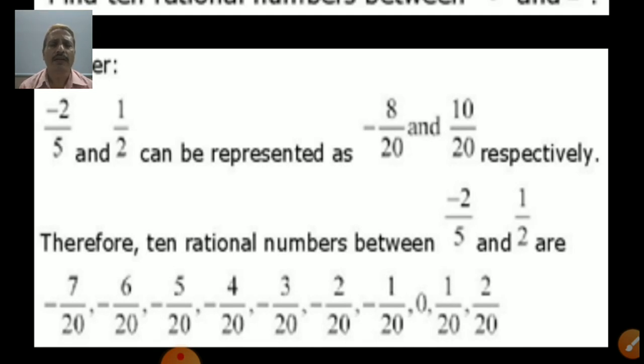So minus 7, minus 6, minus 5, minus 4, 3, 2, 1. 0 is already present. This is a rational number. 1 upon 20 and 2 upon 20. Some students can take 3 upon 20, 4 upon 20, up to 9 upon 20. You got the idea what I did? Why did I not select directly minus 4 upon 10 and 5 upon 10? Because there is no space for 10 numbers.